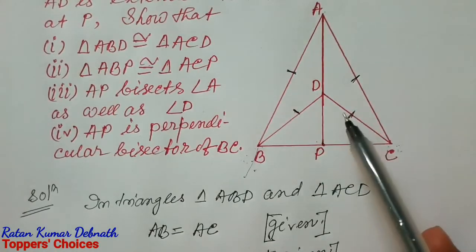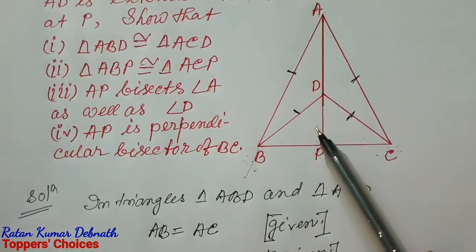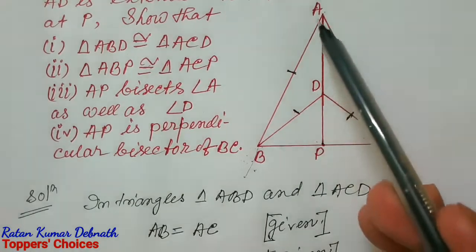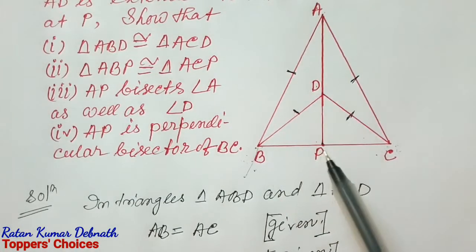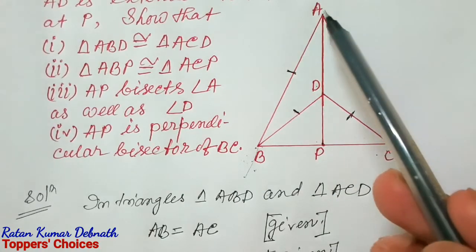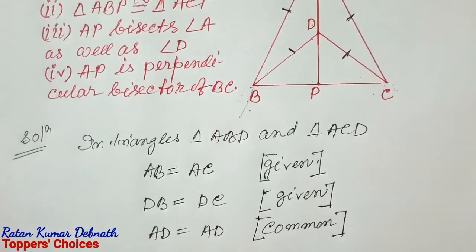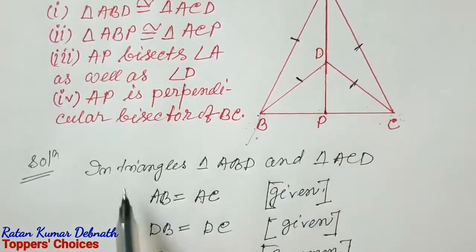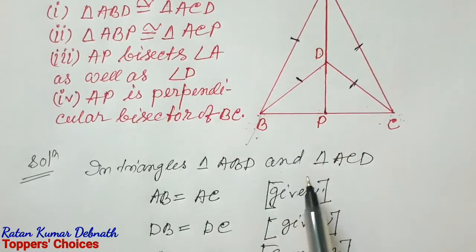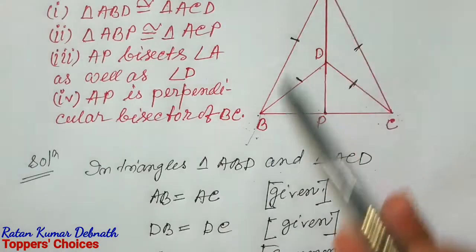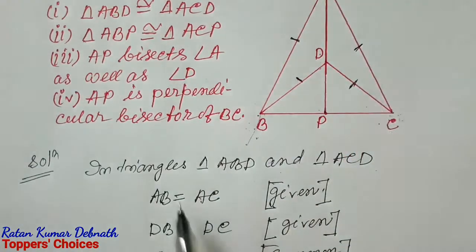Look once again, we are going to prove triangle ABD congruent to triangle ACD. What I have written here, in this triangle ABD and ACD, AB equals to AC. Why AB equals to AC?